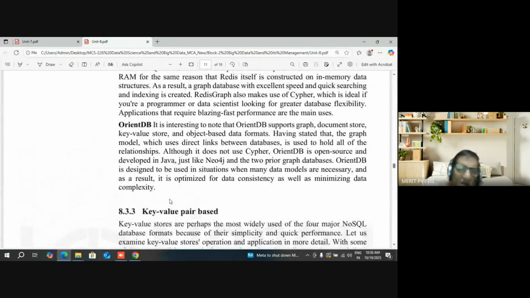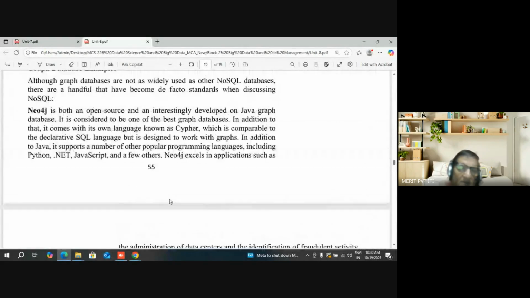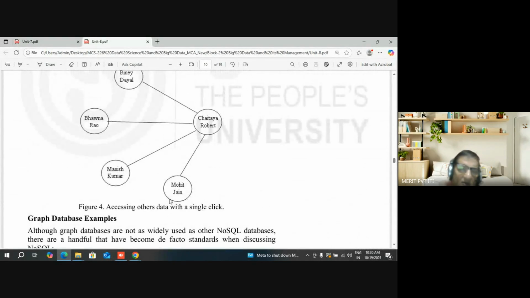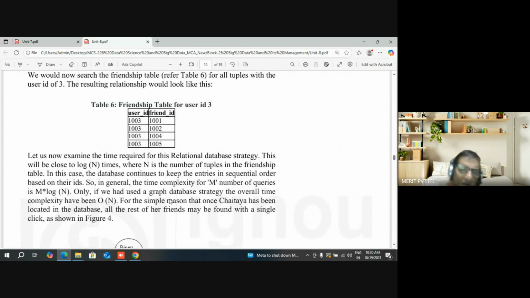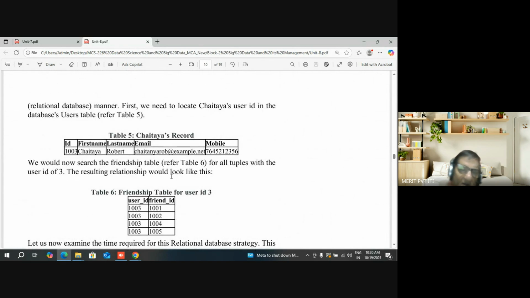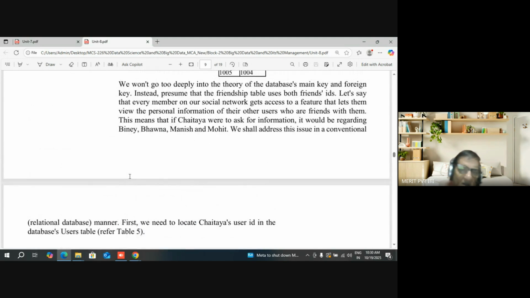If you get a job in big data science and you are able to use this, then you can use NoSQL very profitably. So this is what a record is and all that.